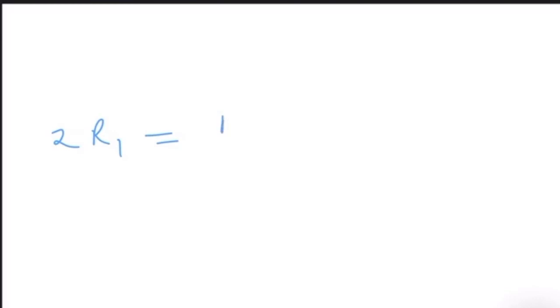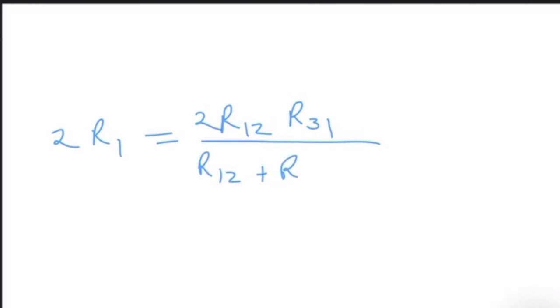We'll get 2R1 is equal to R12 into R31 divided by R12 plus R23 plus R31.